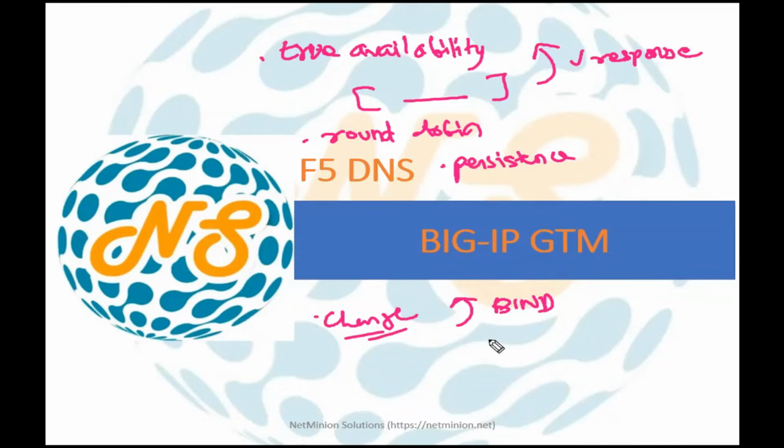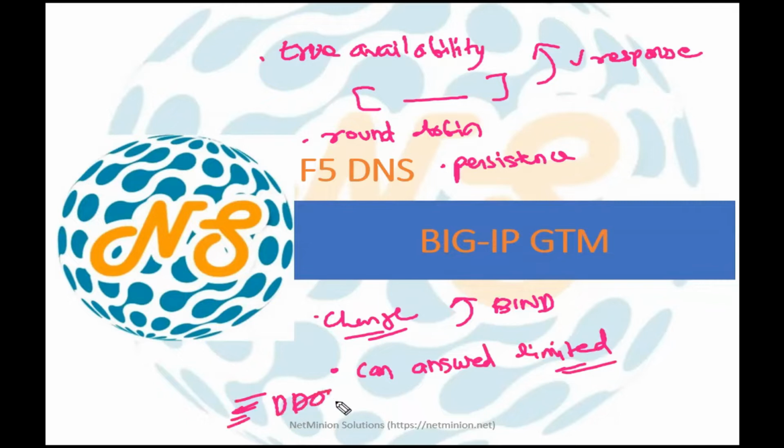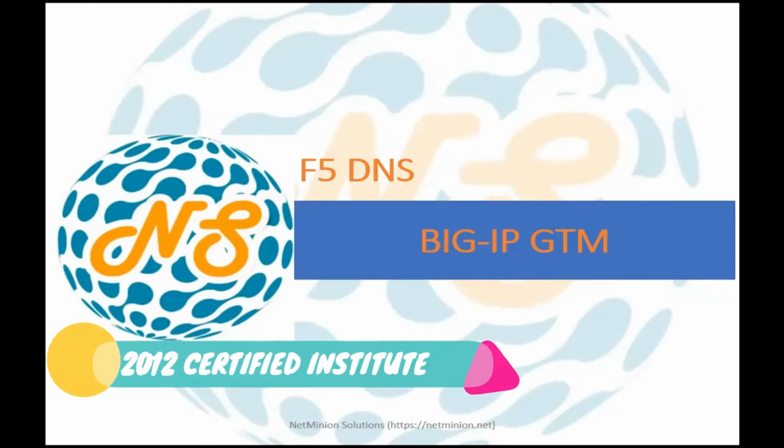It can only answer a very limited number of DNS queries per second, and it is highly vulnerable to DDoS kinds of attacks, whatever security perspective we talk about. Okay, I hope there should not be any question to that.